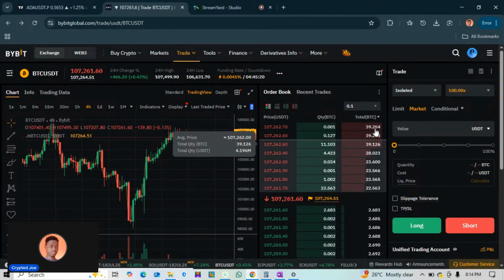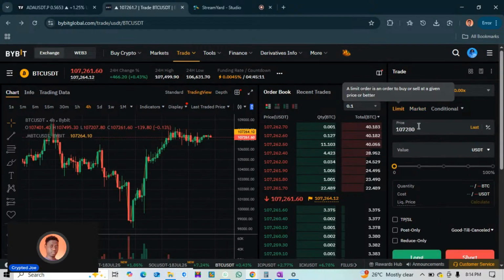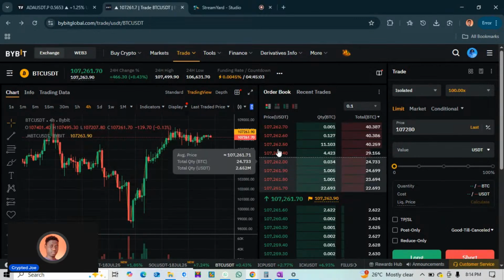My trade will get triggered and I'll be on the queue of those that are already trading the coin. But in limit, I'll be among those that have set a price.